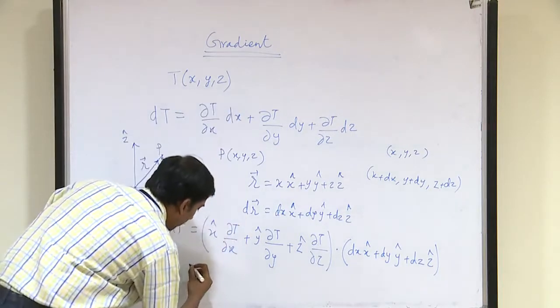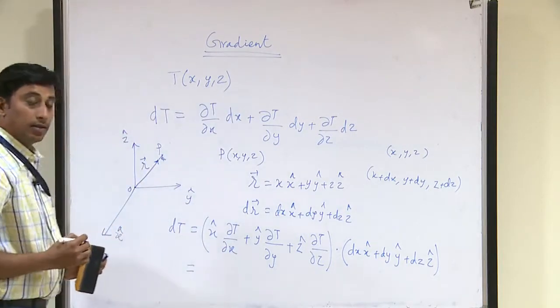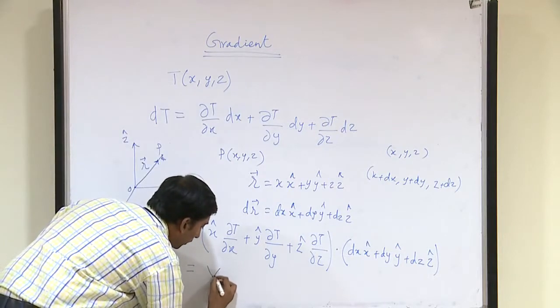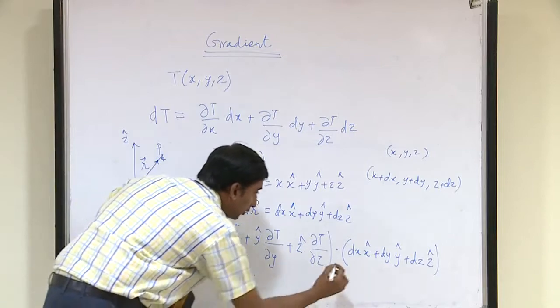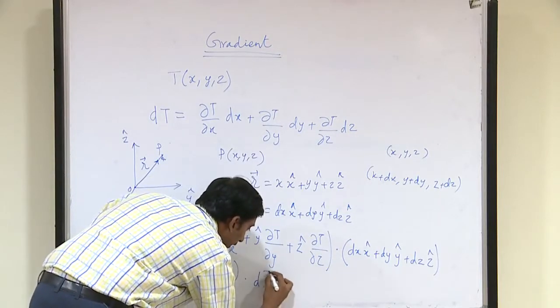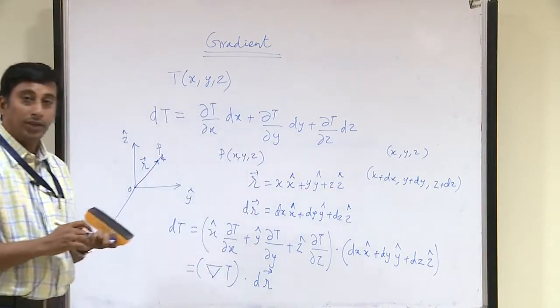So here we can write this as del T dot dr vector.